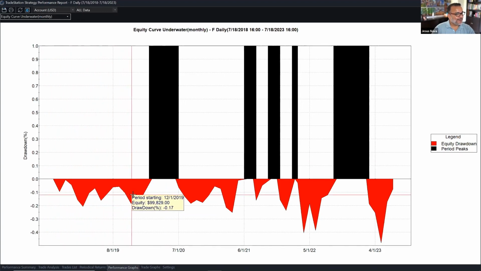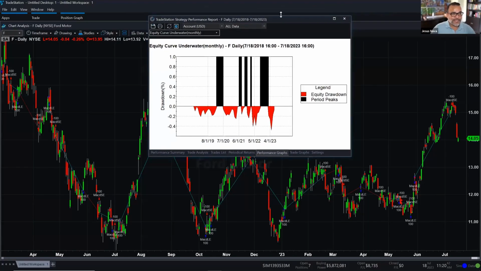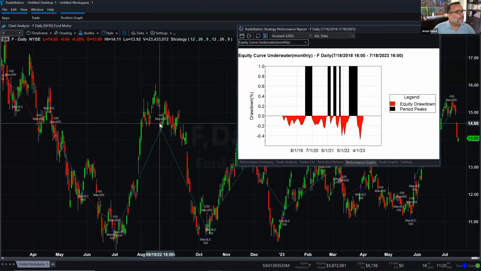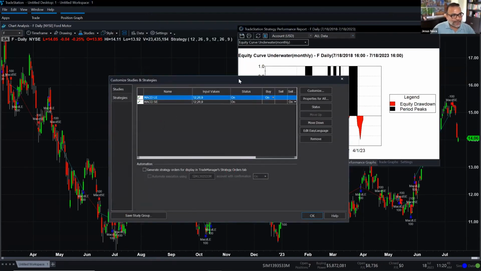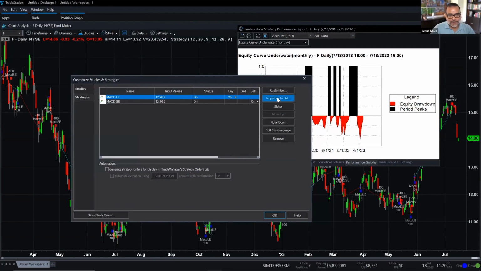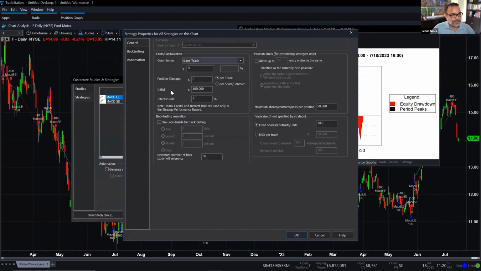All right. If you guys remember, there is a starting point for every strategy. And this is the value that everyone provides when you're doing a historical backtest. Let me put my graph here, and I go into my strategy settings. I'm going to click here on this button that says properties for all. You see this little box that says initial capital.